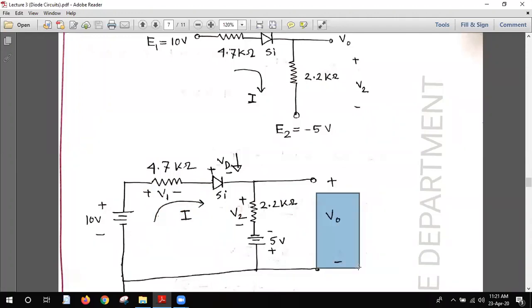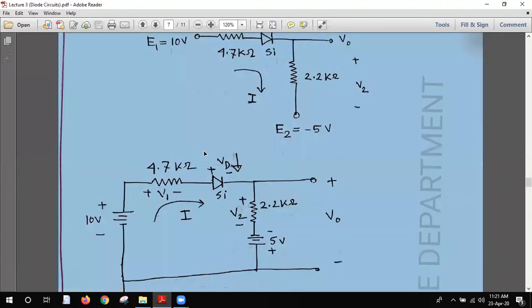Okay, so you can see this diode is forward biased, so the circuit is closed. At first we need to see whether the circuit is open or closed. If it is forward biased, the circuit is closed. If it is reverse biased, the circuit is open.